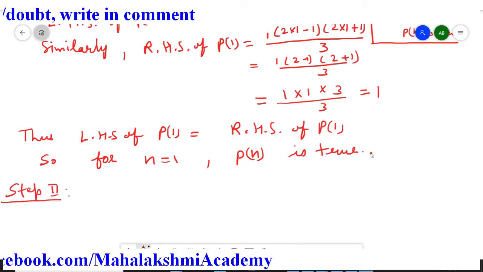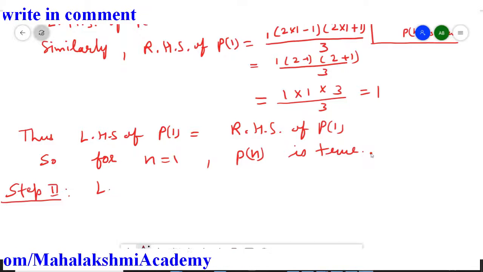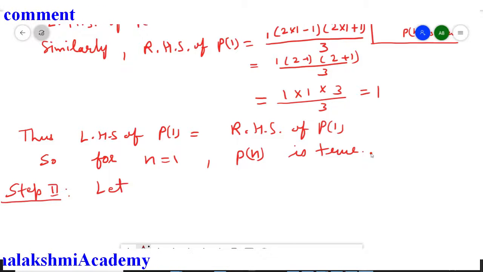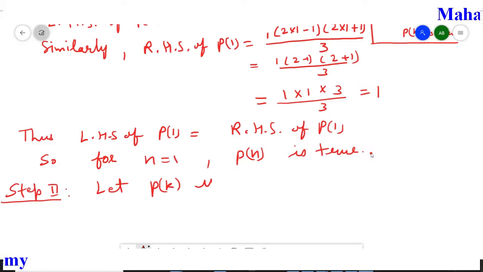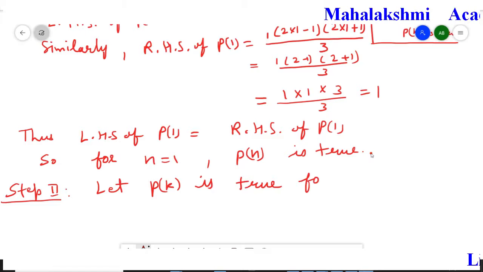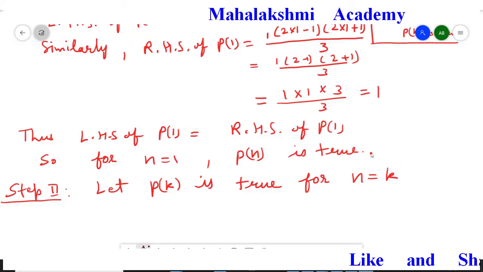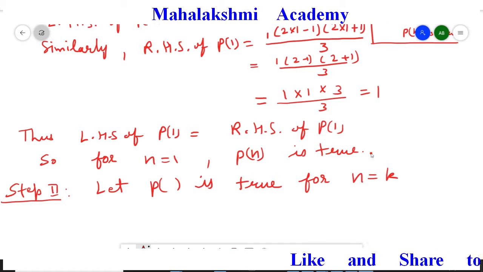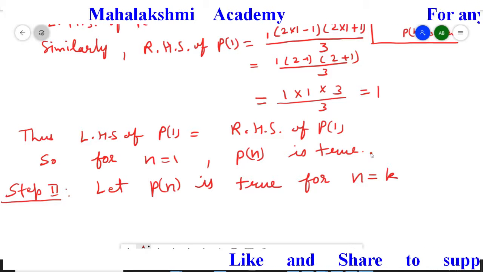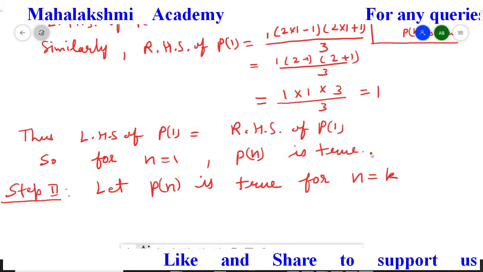In the second step we have to assume, let Pk statement be true for n equal to k. So better to write down here n, because afterwards we will replace it. So let Pn be true for n equal to k.